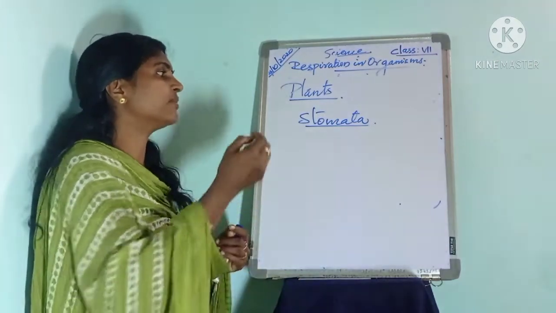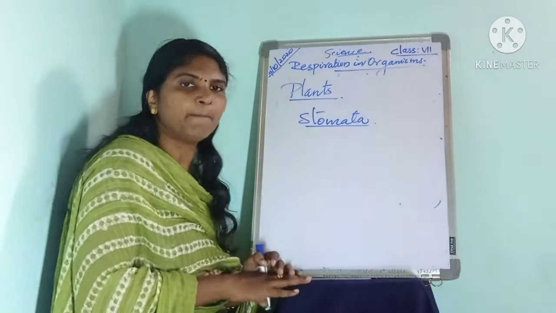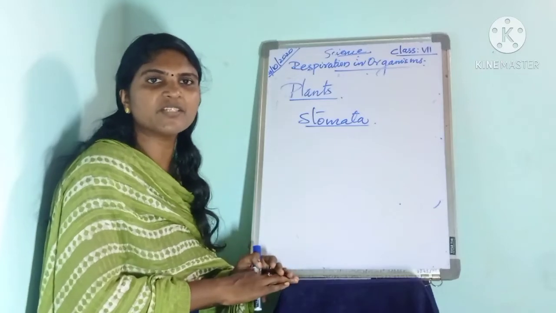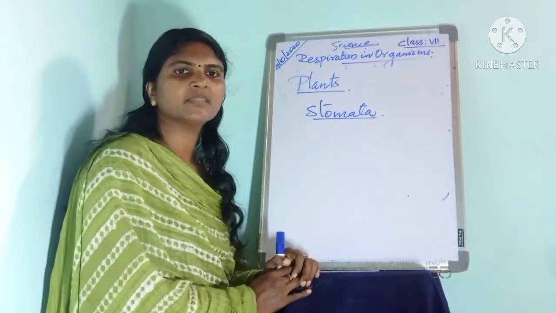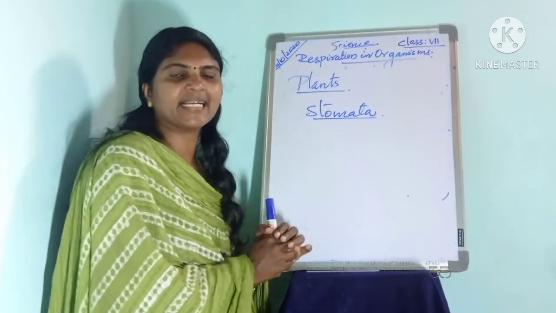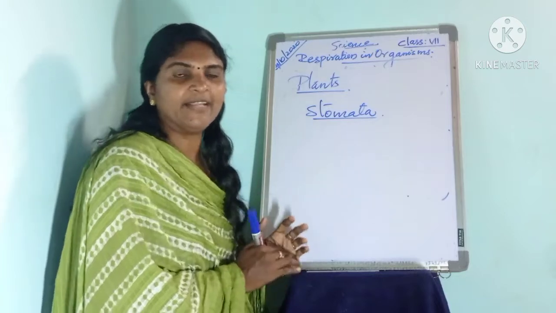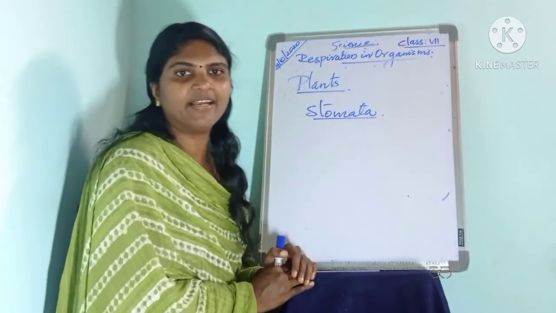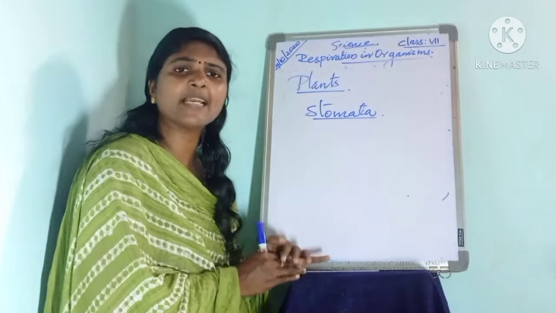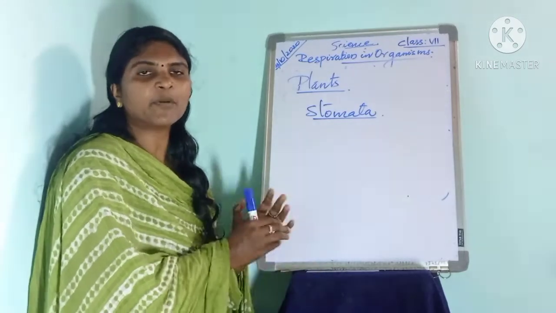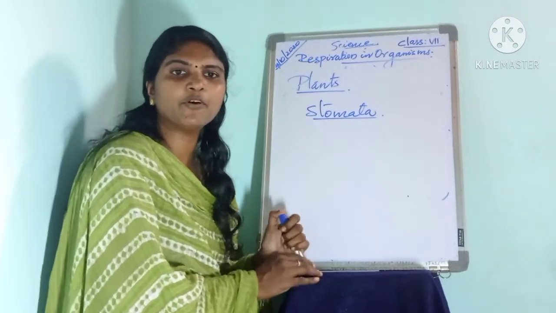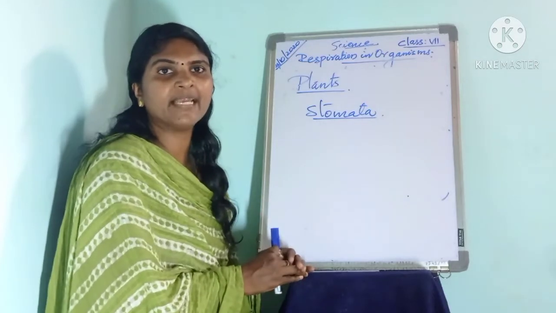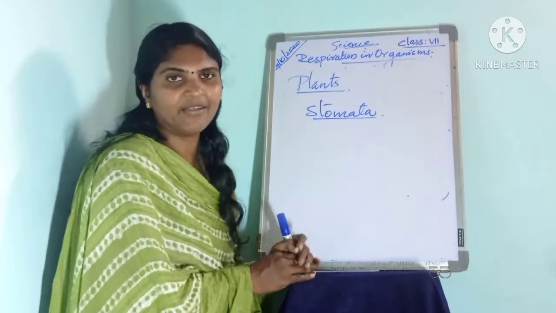That is about respiration in plants. So we can say breathing is a characteristic of all living things, but the process is not the same for all. The organs involved in breathing are not the same for all living things.